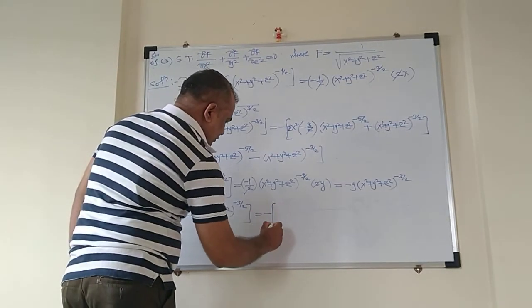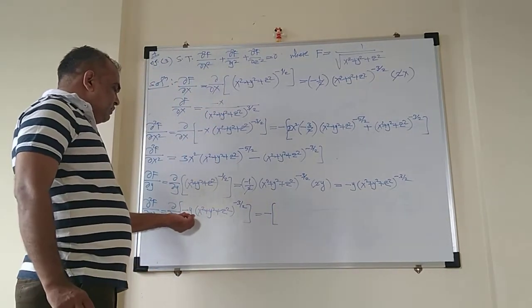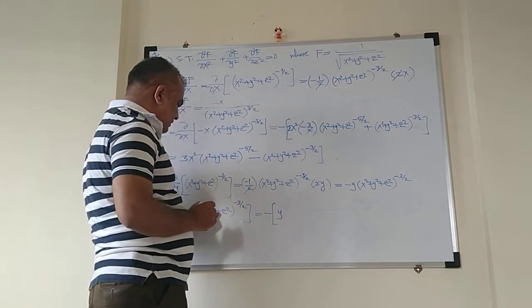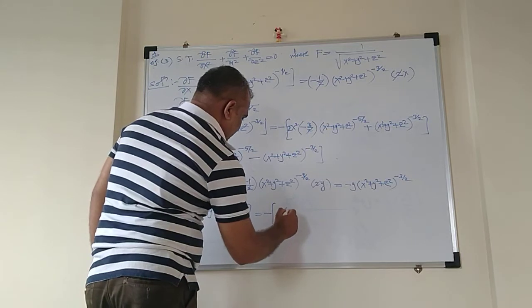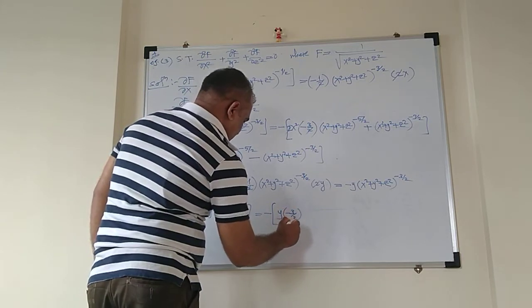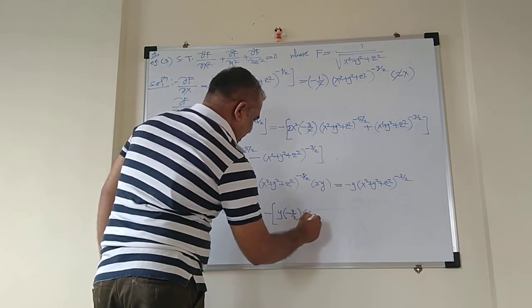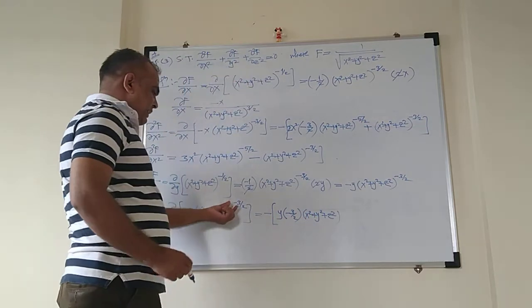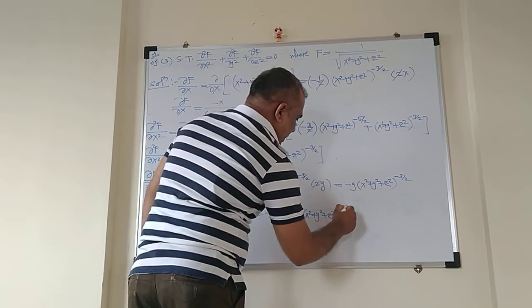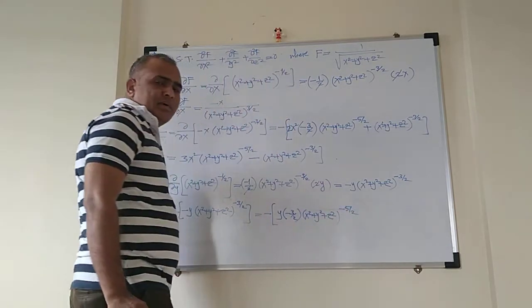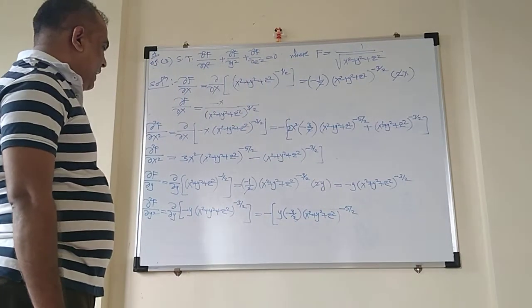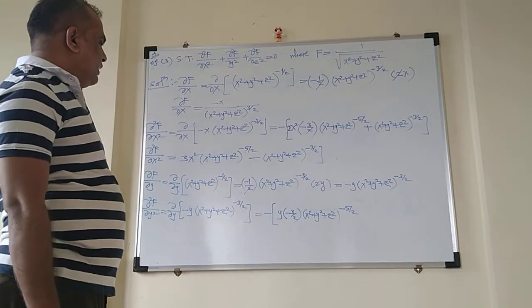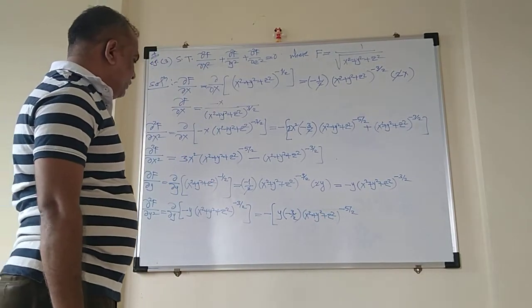So this is equals to first function into differentiation of second: the first function y as it is, differentiation of the second function will give me minus 3 by 2 into x square plus y square plus z square raised to power minus 1, which will be minus 5 by 2, into differentiation of this bracket with respect to y, which will be 2y.